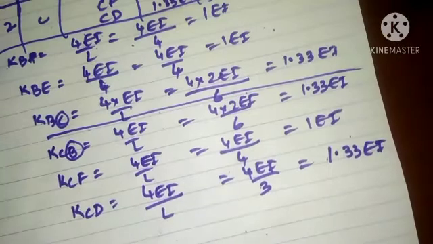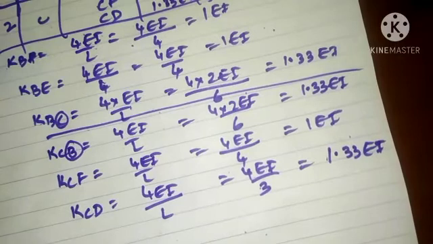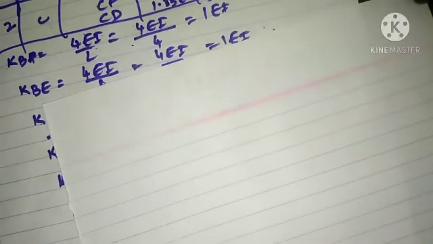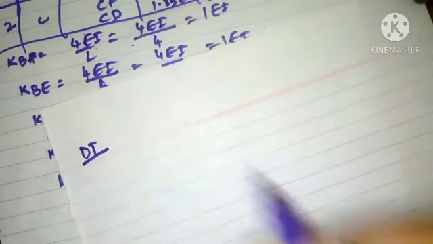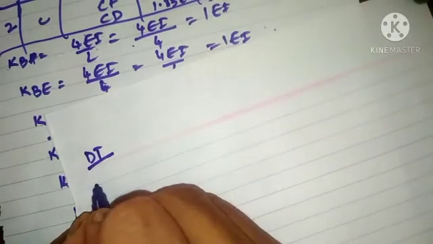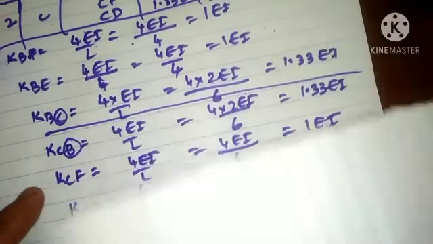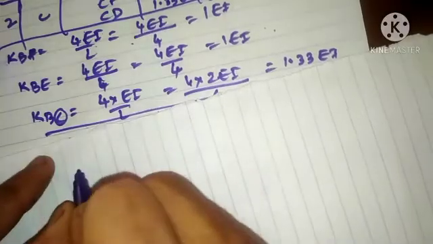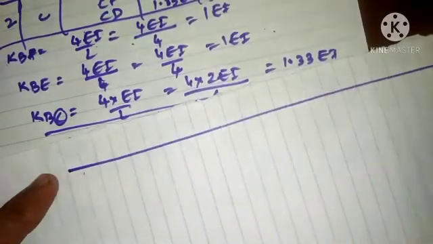The same thing we need to represent in the form of a table. When we represent it in a table, all these values will be resubstituted and reorganized, which will be the third step, what we call the distribution table. Make the table in the form of the frame itself.